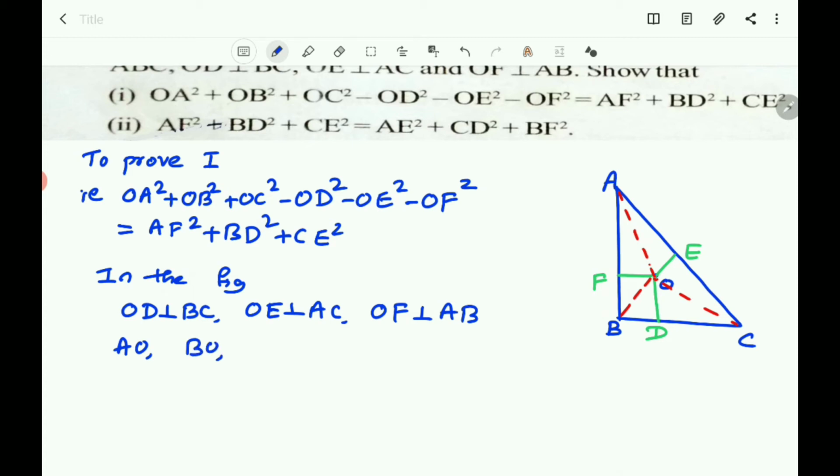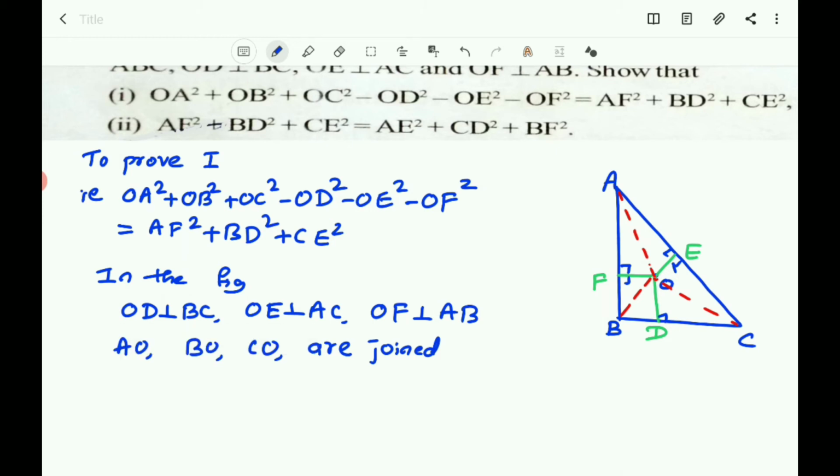By joining AO, BO, CO, you will get 6 right angle triangles, because all these are perpendicular. So 6 right angle triangles are formed here.